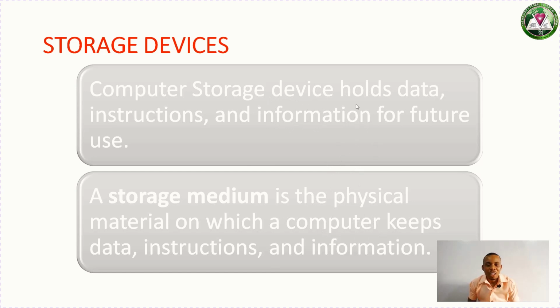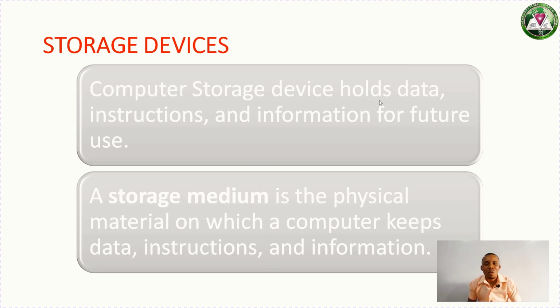Here you can see it holds data, instructions, and information for future use. If you want to save your file, you can use your flash drive to copy that file and keep your flash drive safe, and you can use it at any point in time in the future.